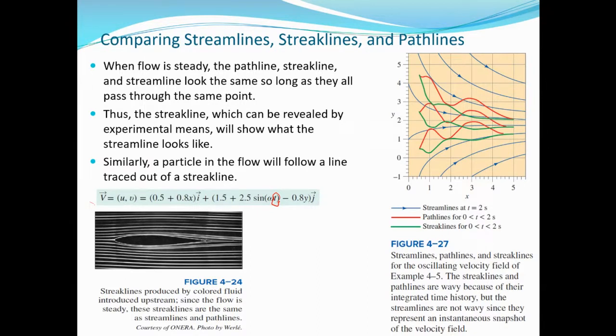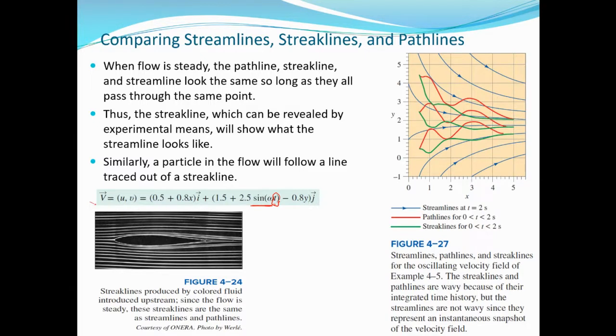For the velocity field, streak lines and path lines are wavy because of their integrated time history. But the streamlines are not wavy because they represent an instantaneous snapshot of the velocity field. And here they are sinusoidal because you have sine omega t. That's why the streak lines and path lines are sinusoidal, and they are different.